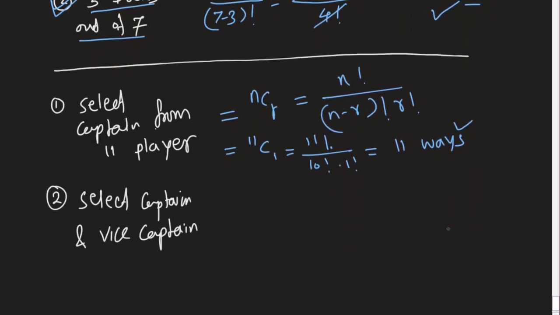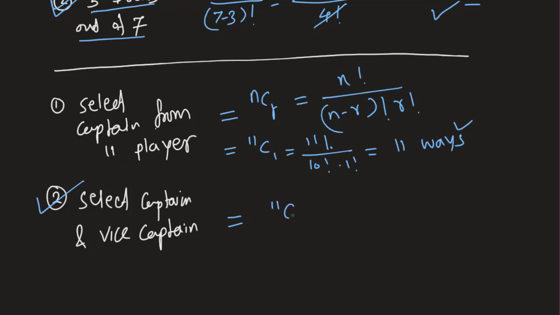Then let us see how to select a captain and vice captain. In this case, the formula will be again nCr. Let us say the captain will be selected from the 11 players, and the formula for that is 11C1. And here we have to multiply this.